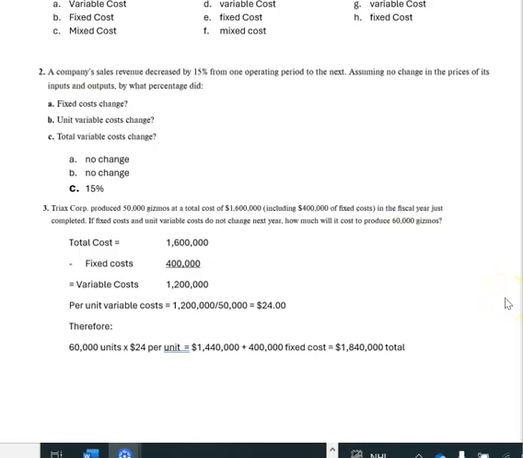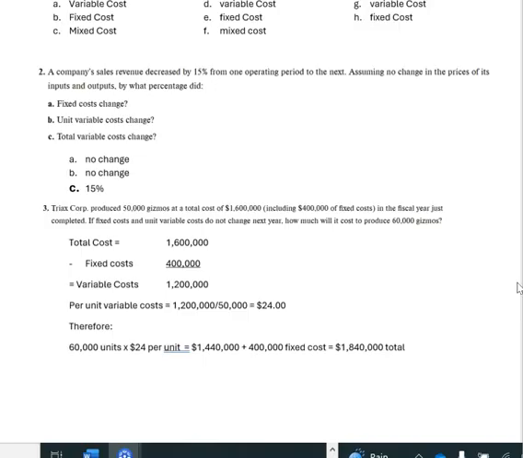Okay, so let's have a look at number two. Number two, you might have found a bit tricky. A company's sales revenue for a certain period, maybe last year was a certain amount, and then this year it decreased. The total amount of sales revenue went down by 15%. And here's the part that you really have to pay attention to.